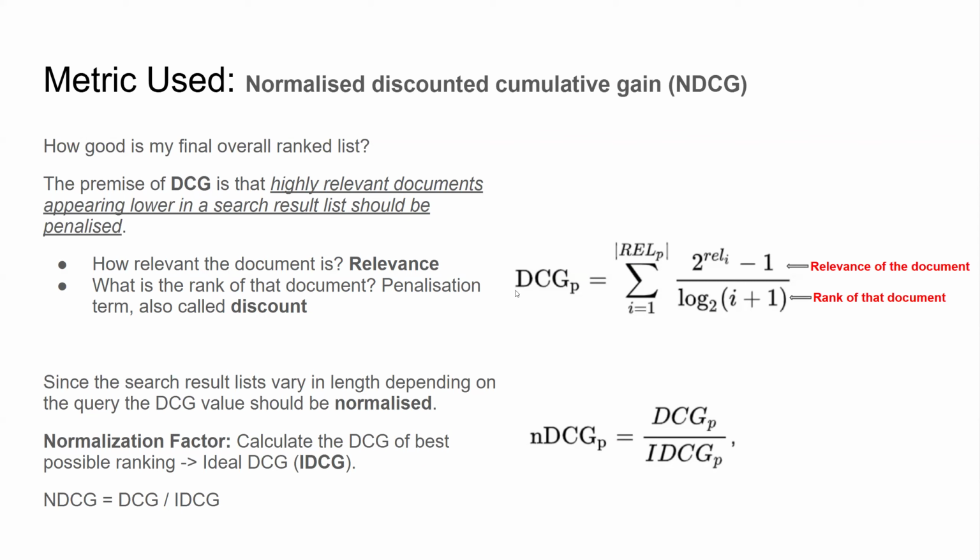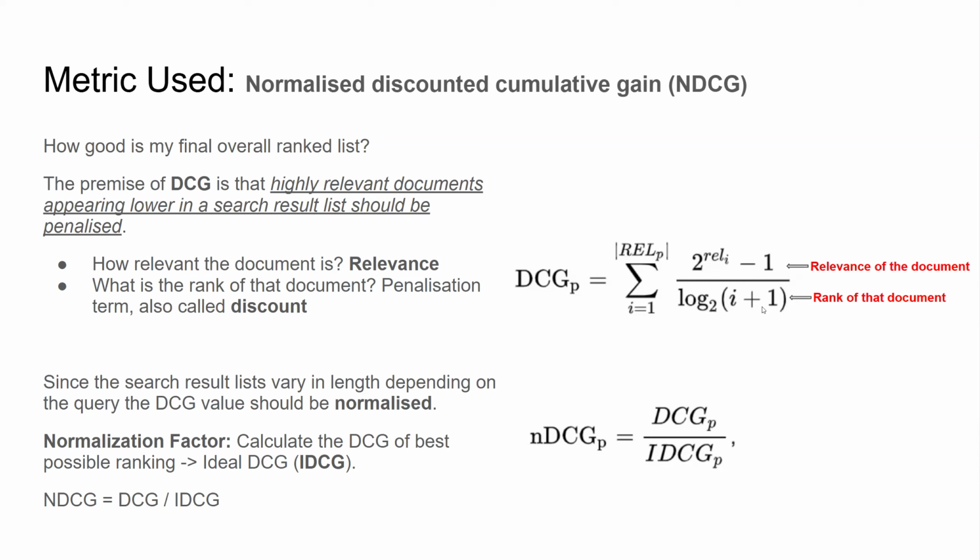So let's say we want to compute the DCG for a list. The DCG for a list is this formula: 2 to the power of the relevancy score minus 1, divided by the log base 2 of i plus 1. Here i is the rank of the document.